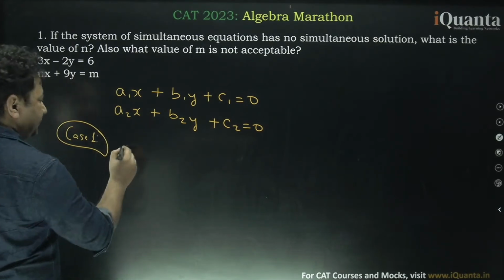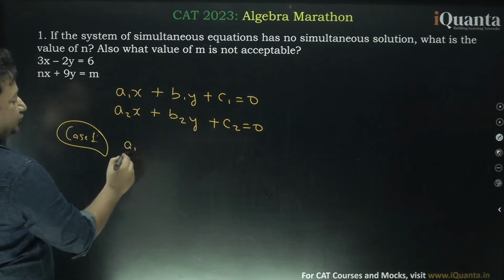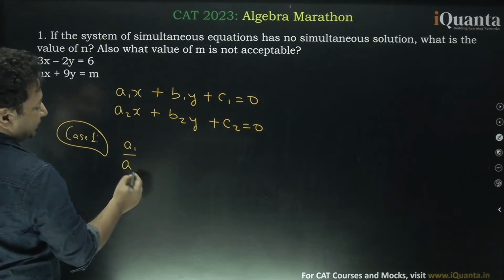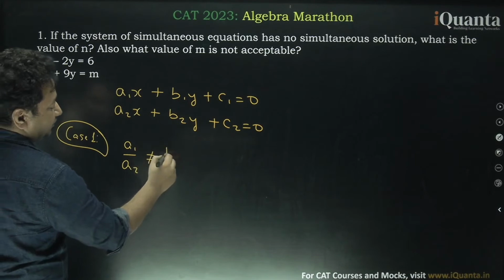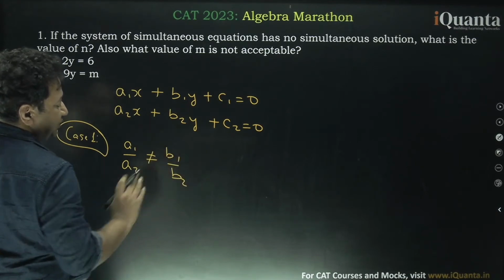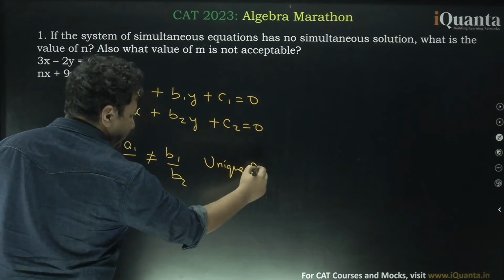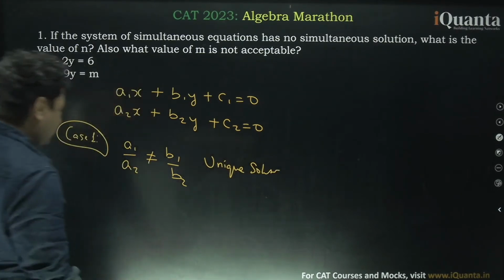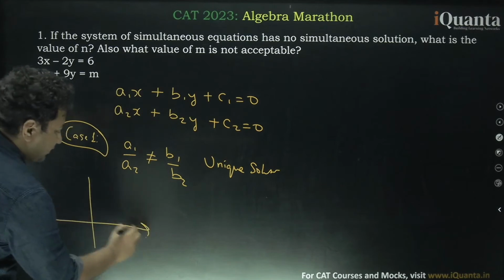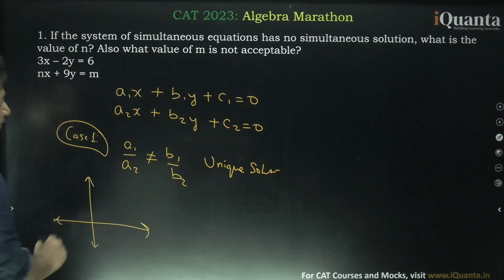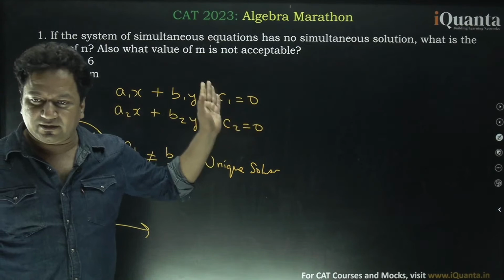Case 1. When the coefficients, that is a and b, are not equal, we will get a unique solution, which means graphically, these are linear equations, right?